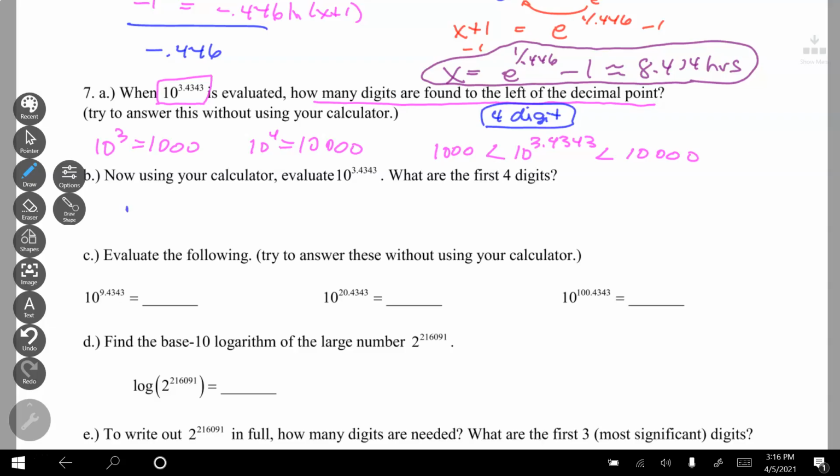So let's go to my calculator, and what is 10 raised to the 3.4343? Let's put that in the calculator, and let's see what we get.